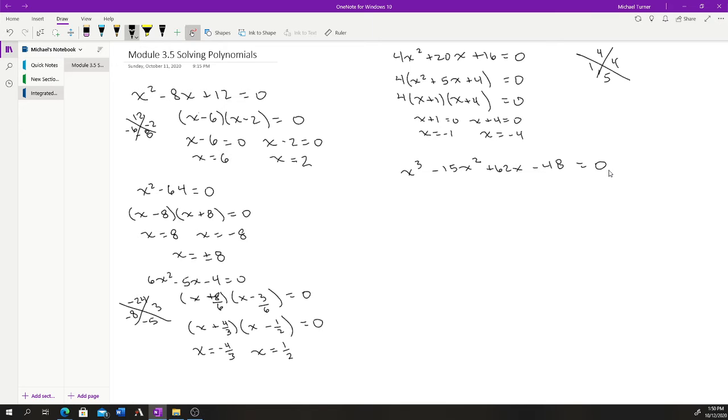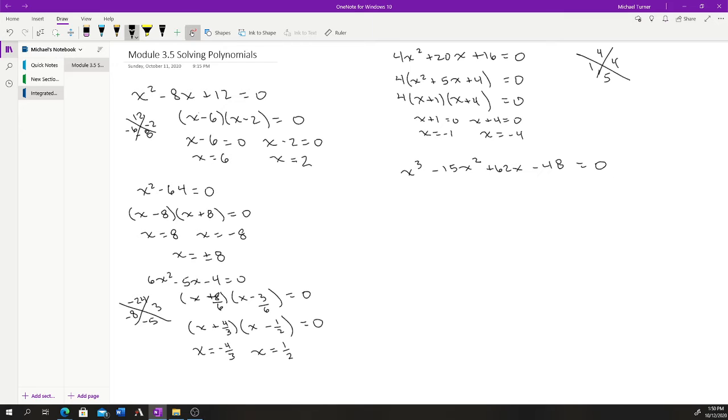I'm going to set that equal to 0. Now, typically, if you're looking at an integrated math textbook, unless you're in an advanced class, the book is going to ask you more to see if 1 is a solution to this, is 2 a solution to this, and it might specify use this type of division, like use synthetic division.